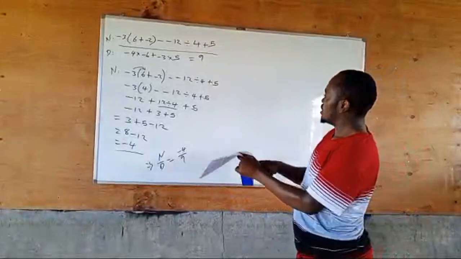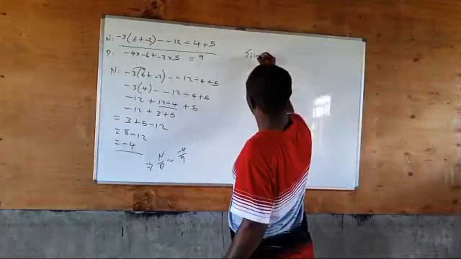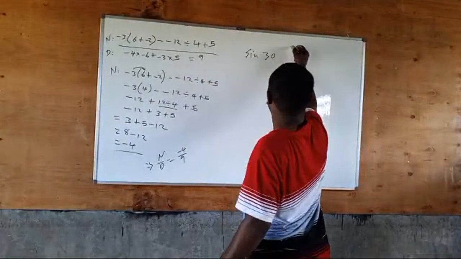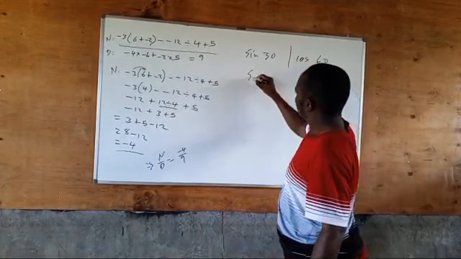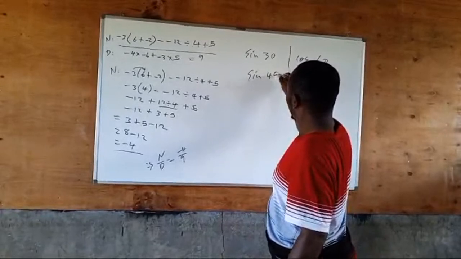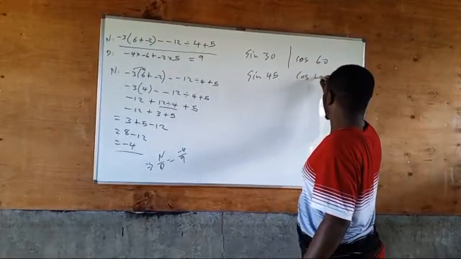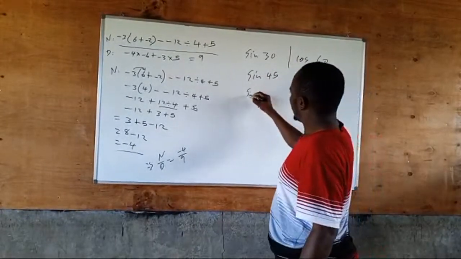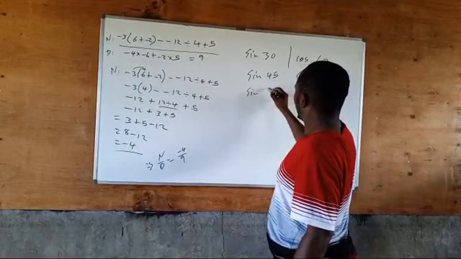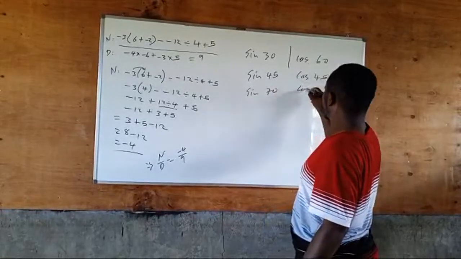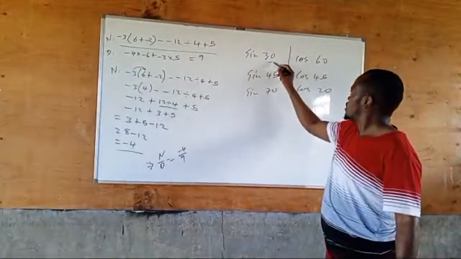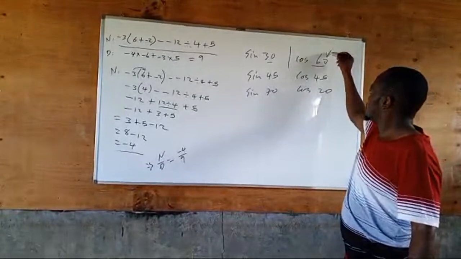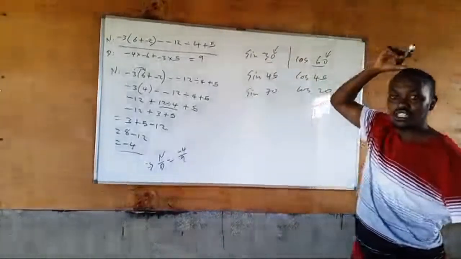Which part: do sin 30 and do cos 60, sin 45 and do cos 45, do sin 70 and cos 20. When you do this, you compare the answers. You can write them down or just compare.